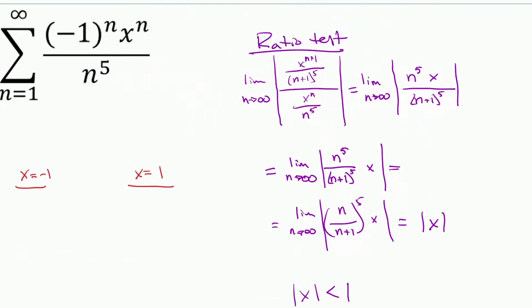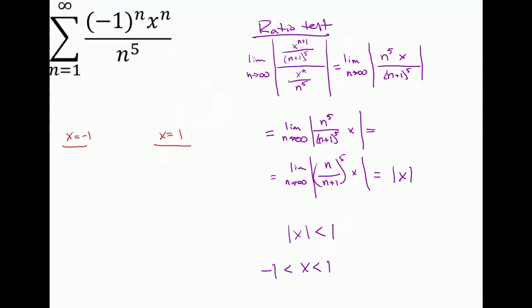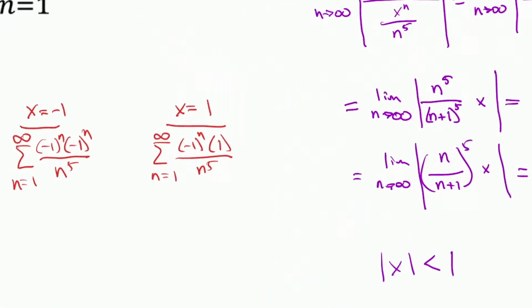So basically what you do is you take that series up there and rewrite it. When x equals -1, you have this sum. And I'll zoom in so you can see it better in just a minute. (-1) to the n times 1 over n to the 5th. Okay, there we go.